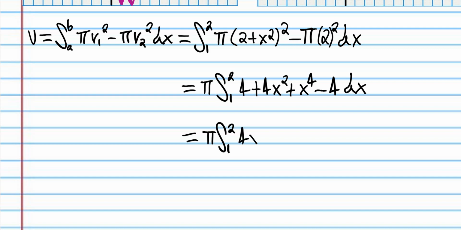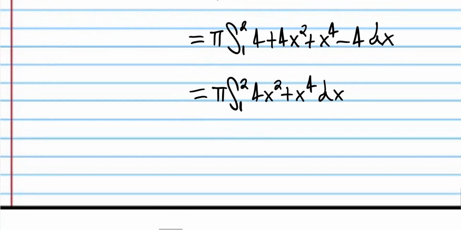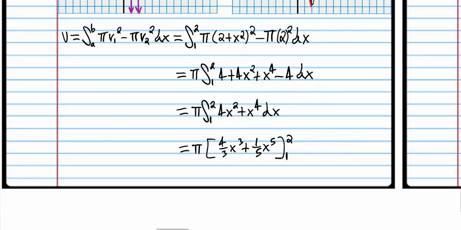So we're left with 4x squared plus x to the 4th, and now we're going to find the antiderivatives. So we have 4/3 x cubed plus 1/5 x to the 5th from 1 to 2.